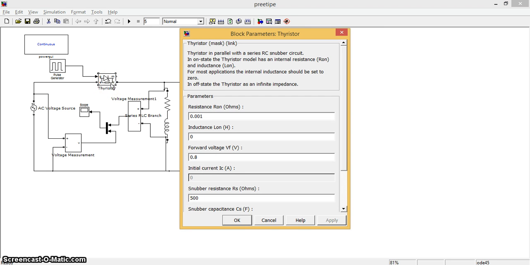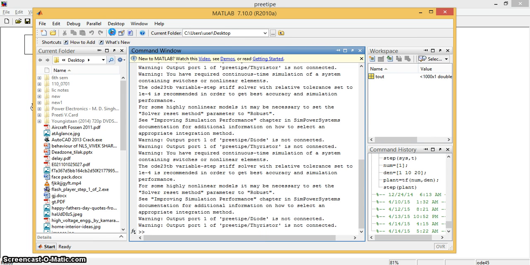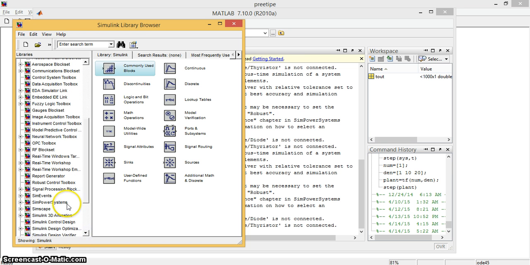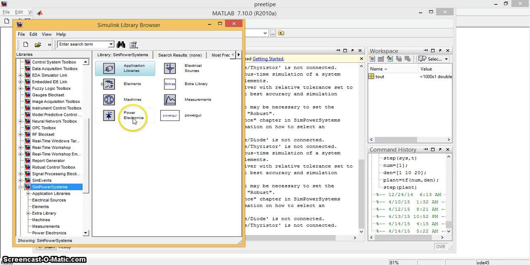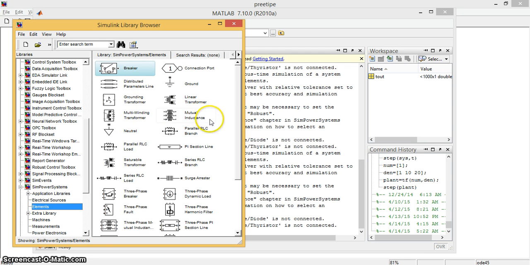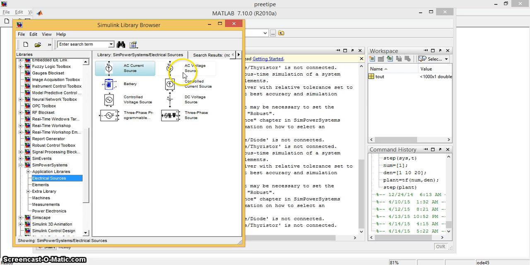Now the thyristor, this is a general thyristor we can get in SimPowerSystems in MATLAB. In SimPowerSystems, under Power Electronics we get the thyristor and the diode, then from Elements we get an RLC series branch, then from Electrical Sources we get an AC voltage source.